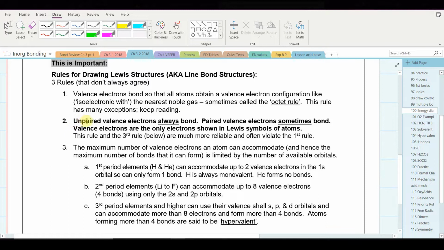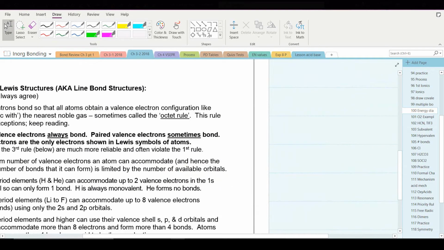In bold is an important rule. Number 2, unpaired valence electrons, that means single unpaired electrons, will always bond, whereas the paired non-bonded electrons sometimes bond. Now in all the structures we've drawn so far, for example, we draw the structure of a water molecule.